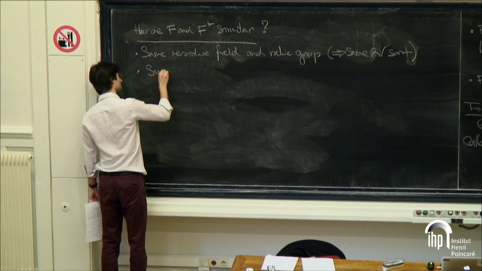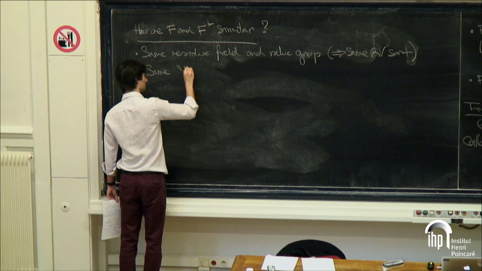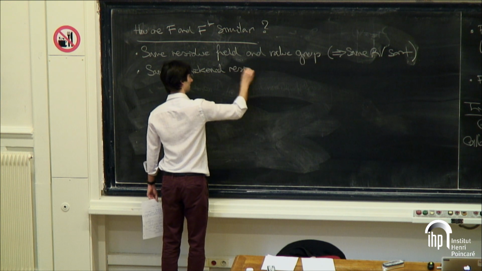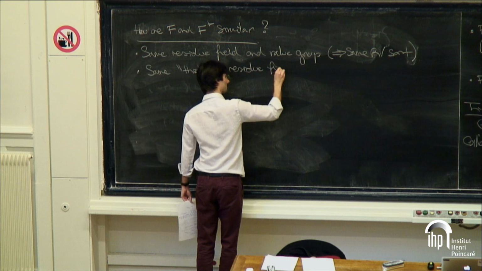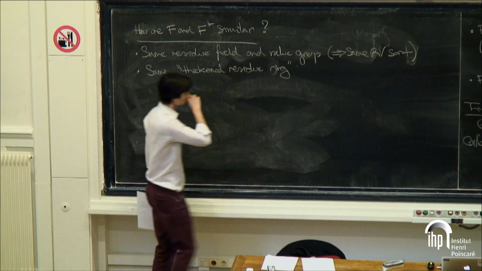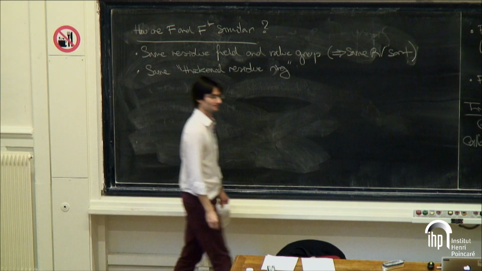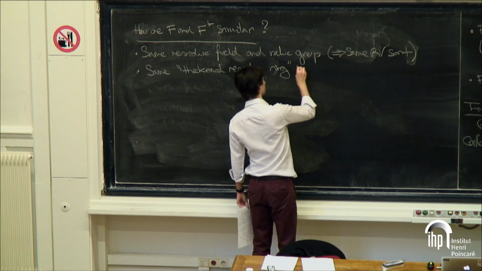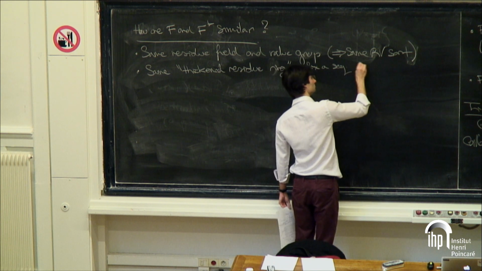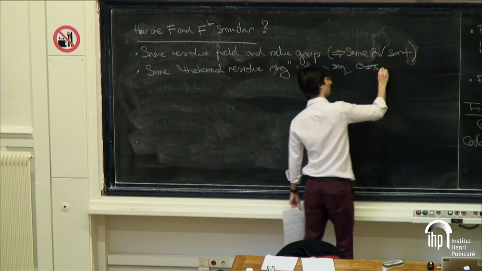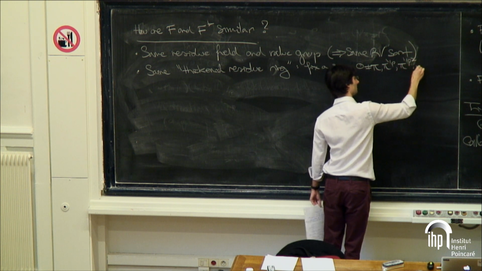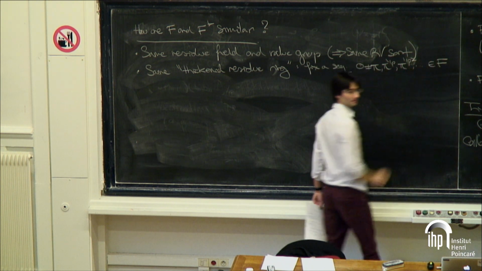They even have the same, let's say, thickened residue ring. So let me make this precise. Let me fix a compatible sequence of p-power roots, say pi to the 1 over p, pi to the 1 over p squared, and so on in my field.